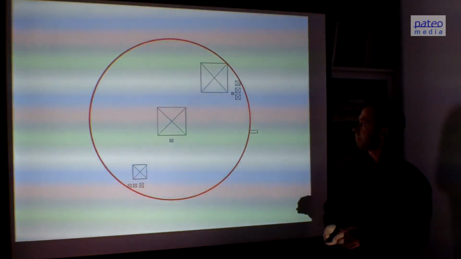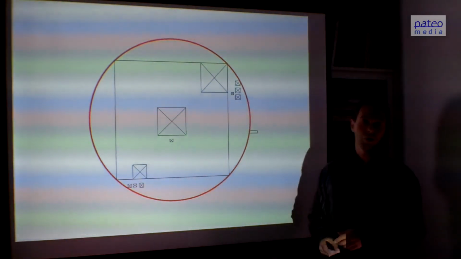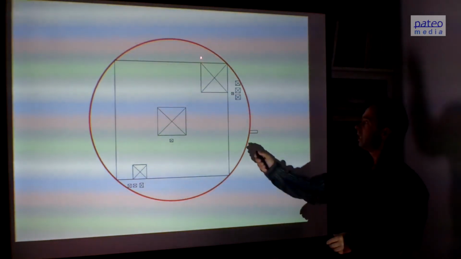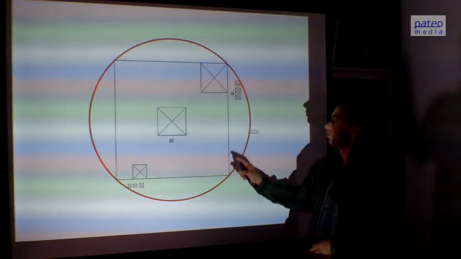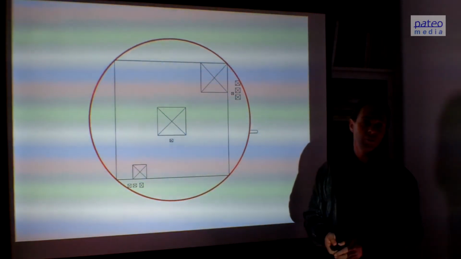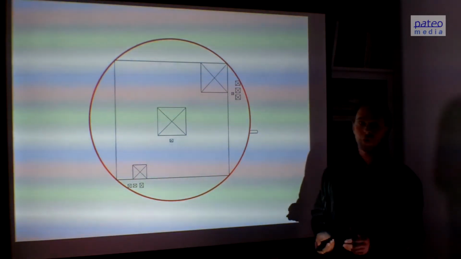But there's more. When we draw a square inside the circle, there's only one square fitting horizontally inside the circle, and that's this one. It goes exactly over the sides of the Great Pyramid and also on the lower side, the south side of the smallest bigger pyramid. What are the odds? There's more.